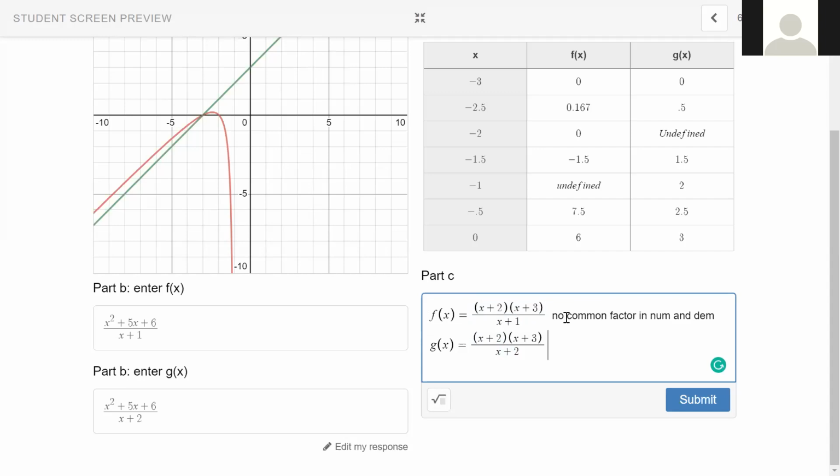But this one has a common factor in numerator and denominator. Boom. I think we're going to stop there.